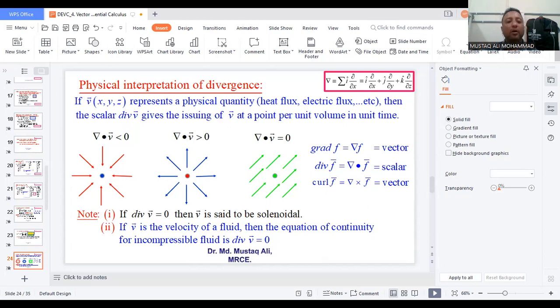The direction of the vector depends on the divergence value: del dot V bar less than 0, del dot V bar greater than 0, or del dot V bar equal to 0. Is it less than 0, greater than 0, or equal to 0? Okay. If divergence V bar is equal to 0, as we said already, V bar is said to be solenoidal.